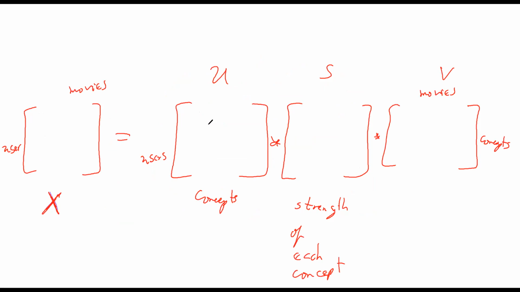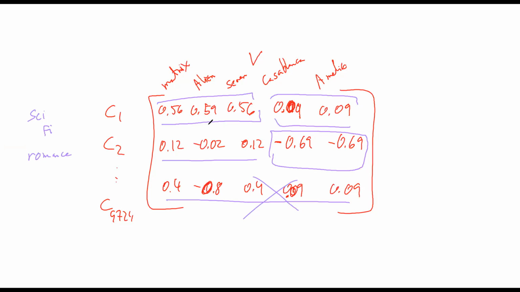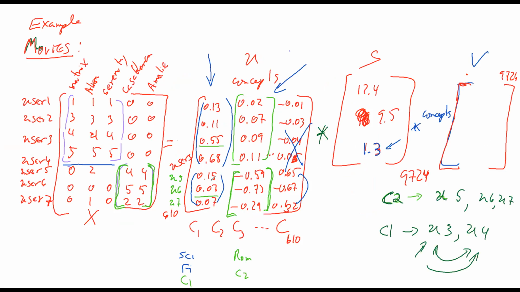Okay. So that's the intuition of it. The interpretation would be to say, if you look at this one, and if C1 is sci-fi, then you could say the first users, these users here, are very strong for sci-fi and very weak, or weaker, let's say, for non-sci-fi.